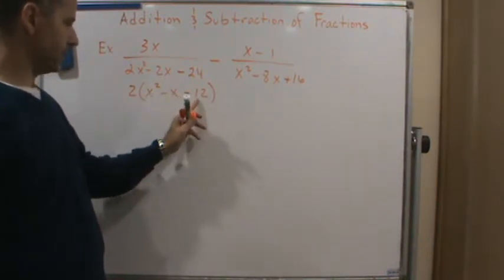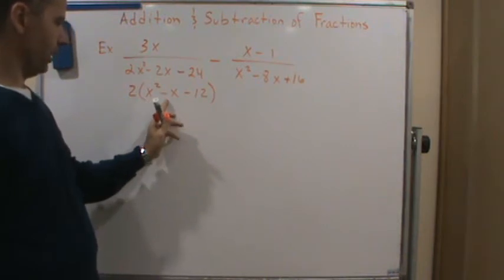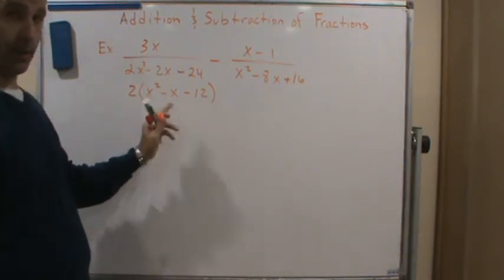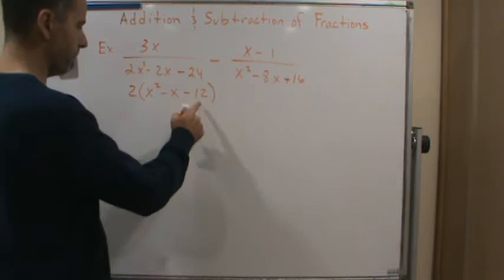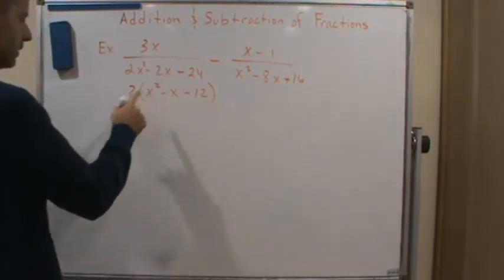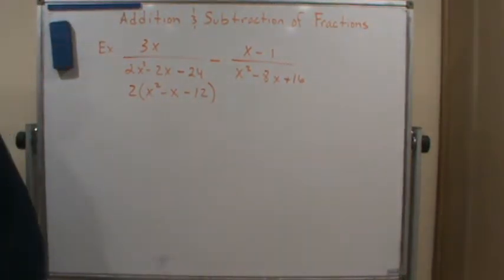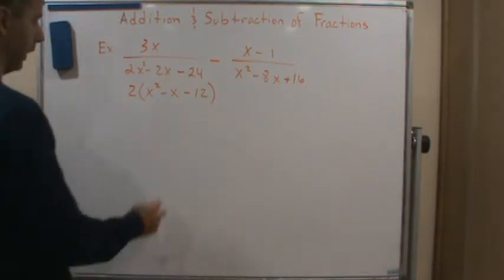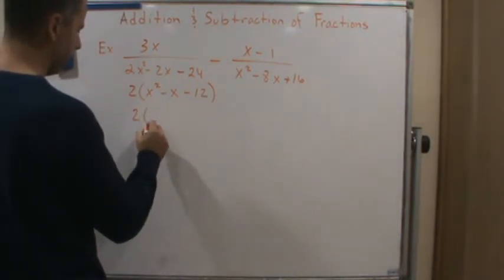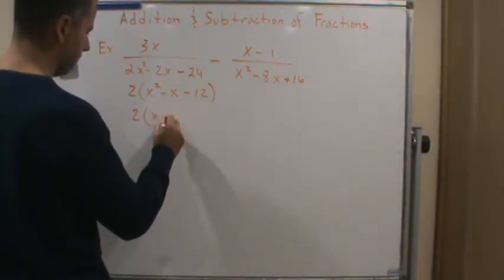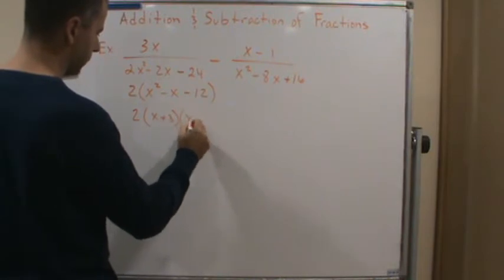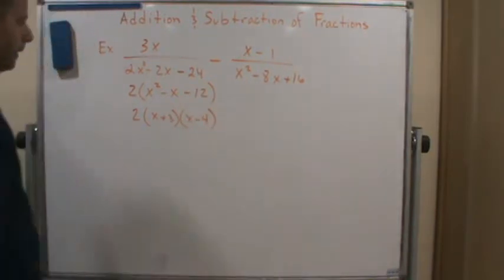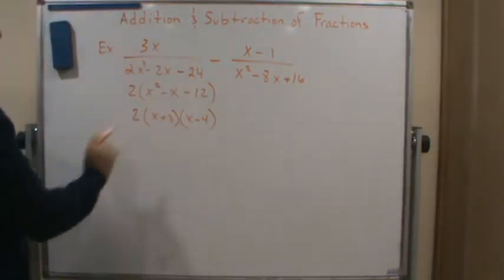So they're opposite signs, where the larger one is negative. The 2 factors of 12 that will give us a negative 1 are 3 and negative 4. So this will become these 2 factors.